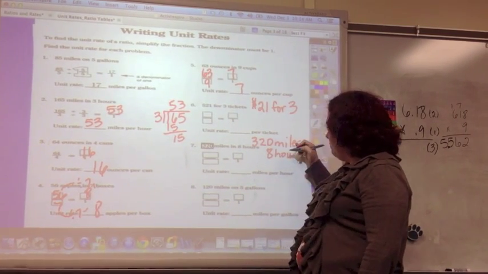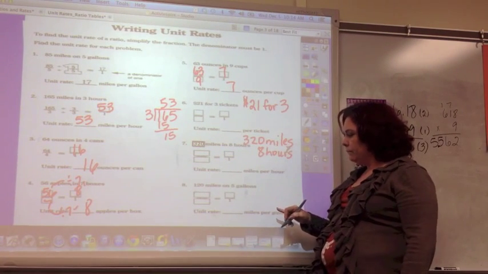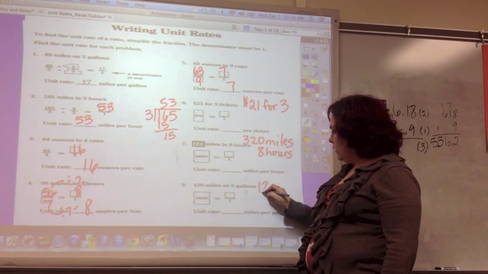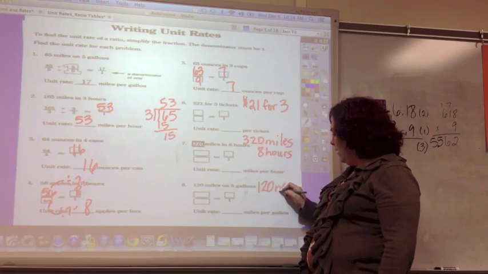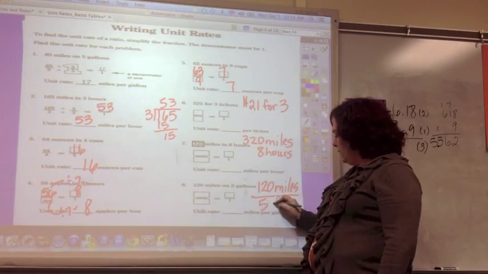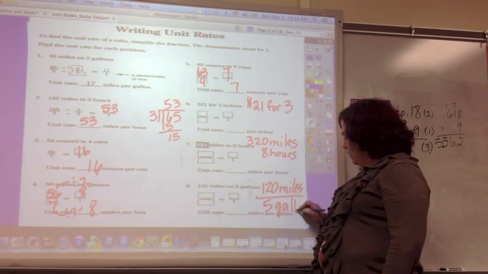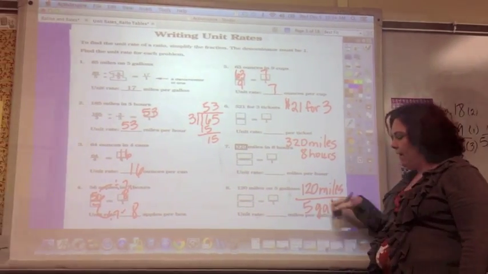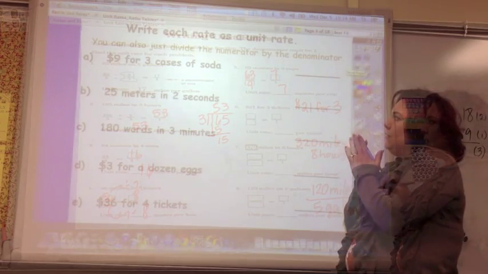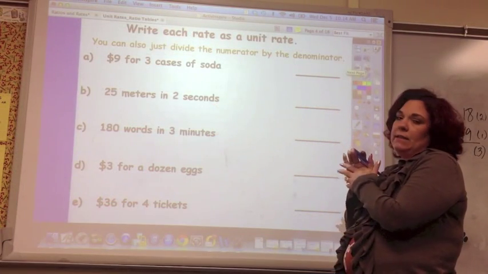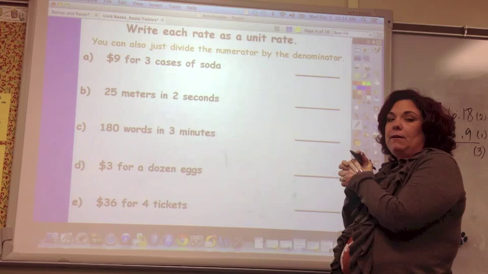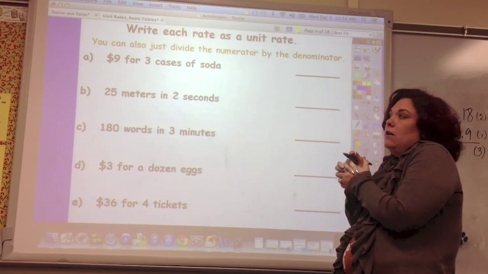Find out how many miles in 1 hour. And then 120 miles over 5 gallons. And you'll find out, divide by 5 to get this. You can just divide the numerator by the denominator. So you set it up in fraction form and divide.